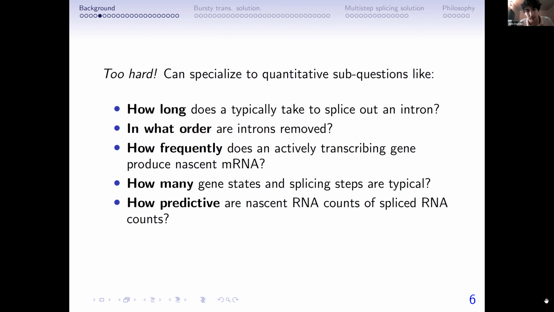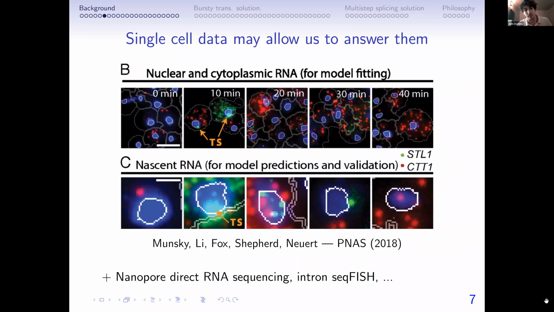What's kind of amazing is that for questions like this, there's some hope of actually answering them with a lot of recent single cell data. For example, here's a picture, part of a figure from a PNAS paper from just 2 years ago by Brian Munsky and his collaborators, two of which, Huadong Li and Gregor Neuert, are from here at Vanderbilt.